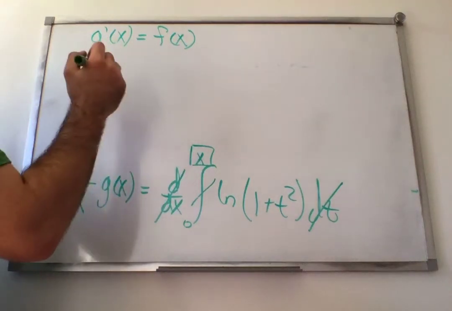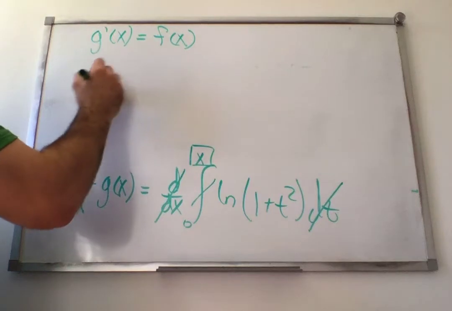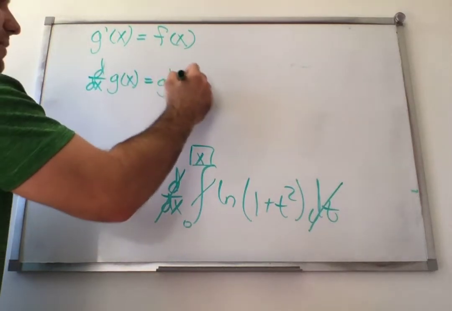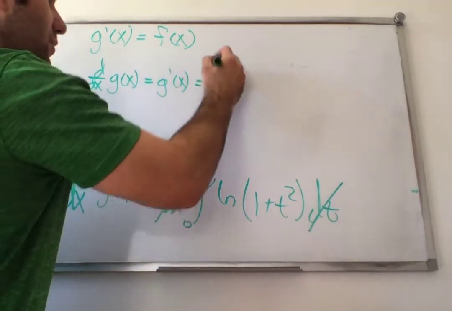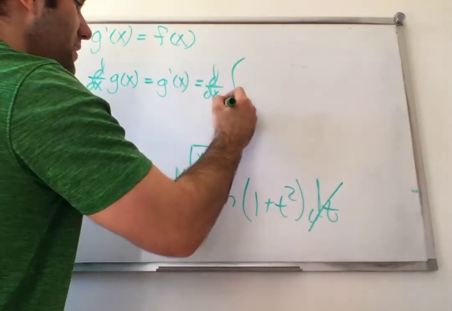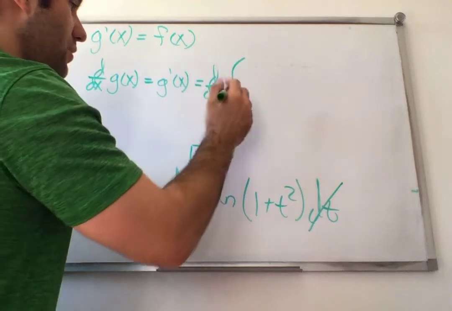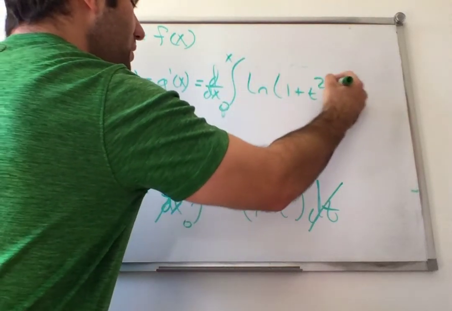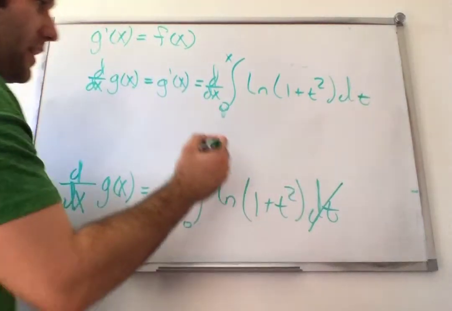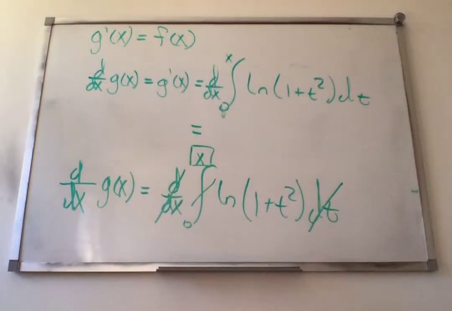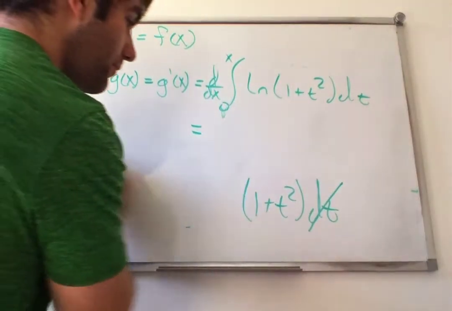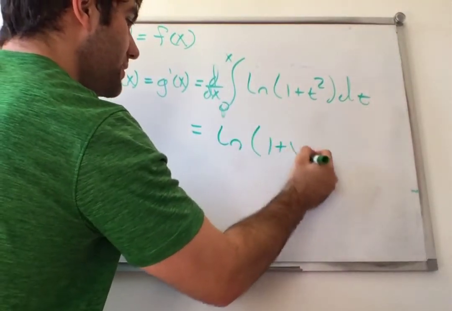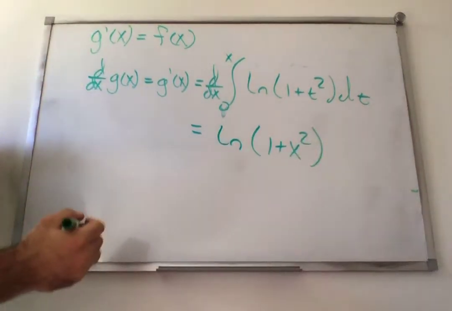So the answer to this right here, d by dx of g of x, which is equal to g prime of x, is equal to d by dx of the integral from 0 to x of ln of 1 plus t squared dt. Well, that is equal to ln of 1 plus x squared, and that's it.